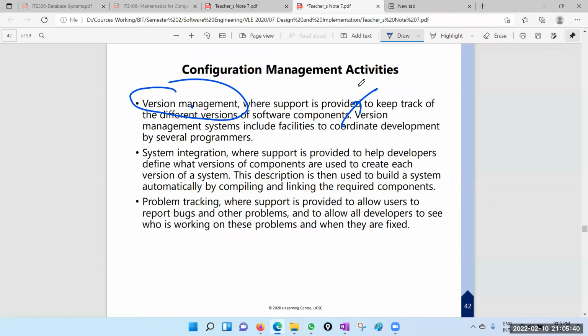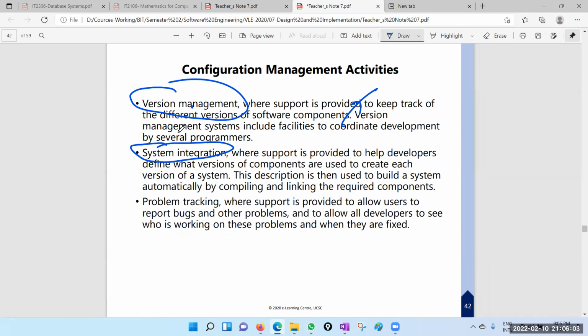So at any time, we can revert back to the old versions and we can see the difference between this version and that version. That is relevant for documents as well as your software code. Okay. Version controlling.